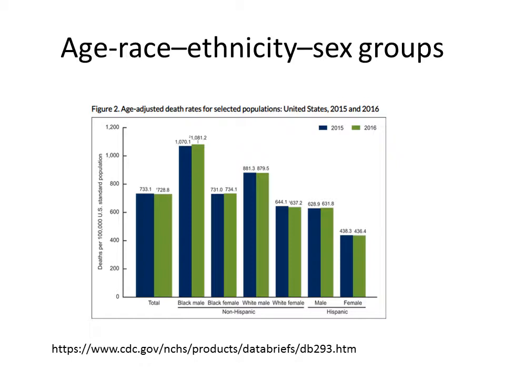So in looking at the overall deaths per 100,000 U.S. population, you're going to see some averages there, but then you see that there are higher rates amongst certain populations. The black male population is much, much higher than, for example, over on the right where you see the female Hispanic is significantly lower.